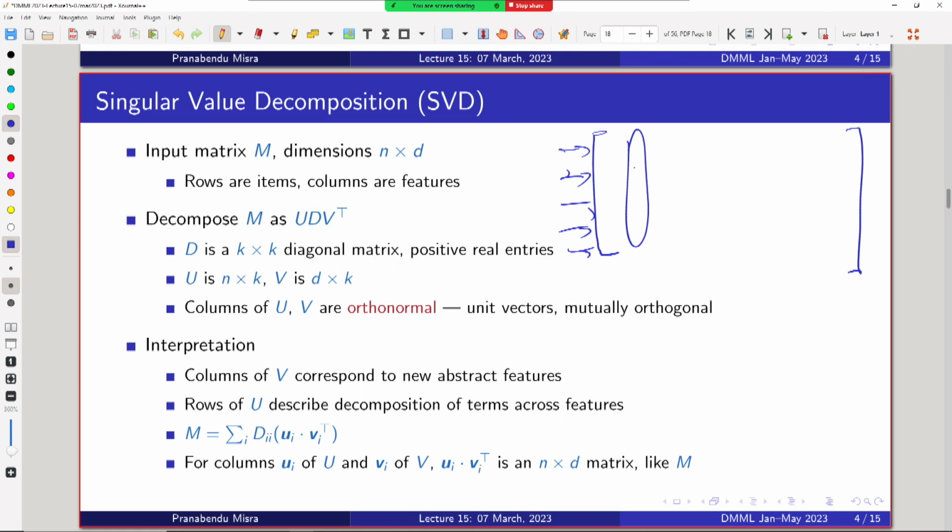This is another useful way of looking at it. This singular value decomposition can be found for any matrix. There are several algorithms for it. Once again I will not go into those algorithms, but we will just try to see how it is used to reduce the dimension.